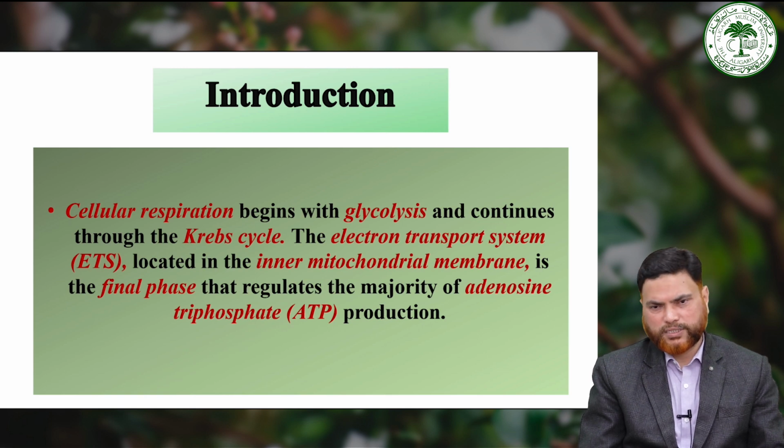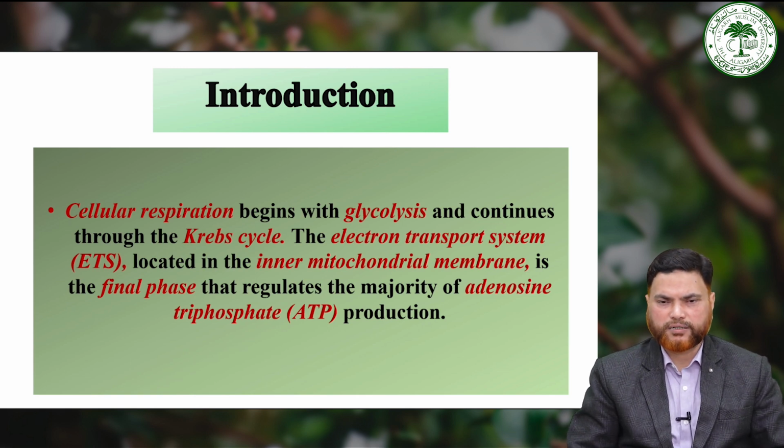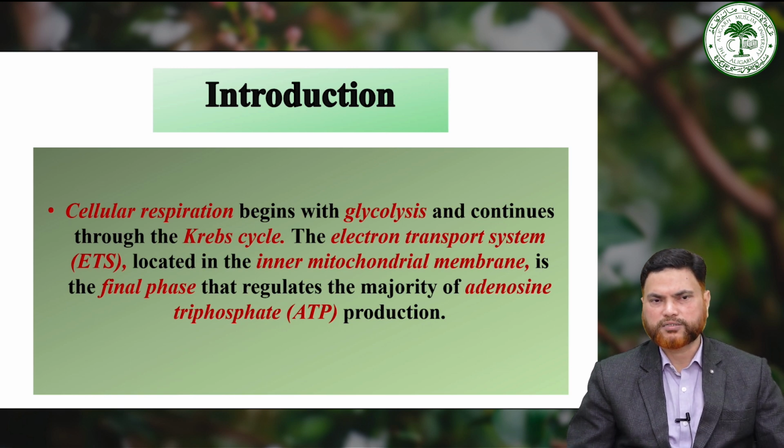Now how is ATP synthesized? The proton gradient created by the electron transport chain is used to drive the synthesis of ATP through a protein complex called ATP synthase. This process is known as oxidative phosphorylation, because it involves the phosphorylation of ADP to form ATP, and this process occurs in the presence of oxygen.